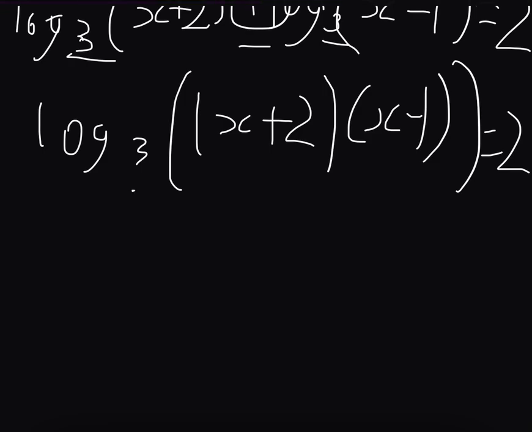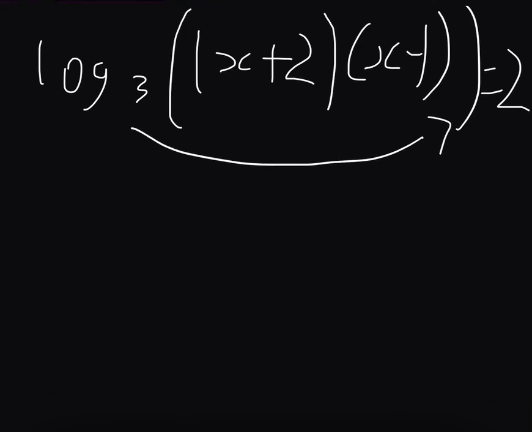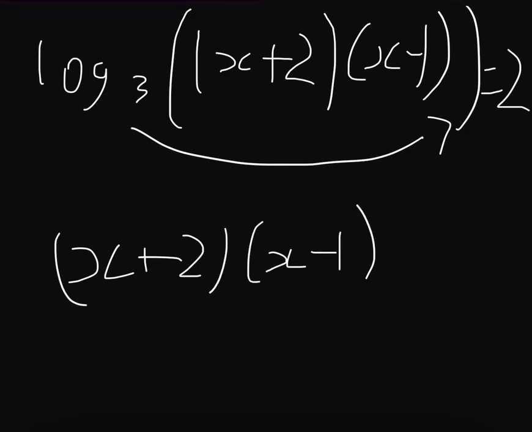Okay, now we can just bring the log over to the other side. x plus 2 multiplied by x minus 1 equals 3 to the power 2. And this is just the same thing as 9.